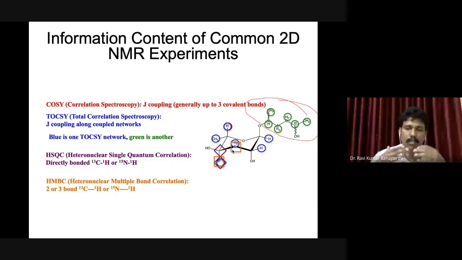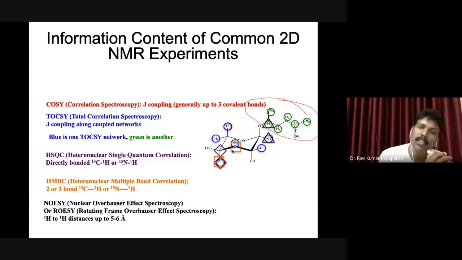You can make use of that concept and have the two-dimensional plot. That is what we call the nuclear Overhauser effect spectroscopy. NOESY means through space we can get the information on how two different nuclei are connected with each other.